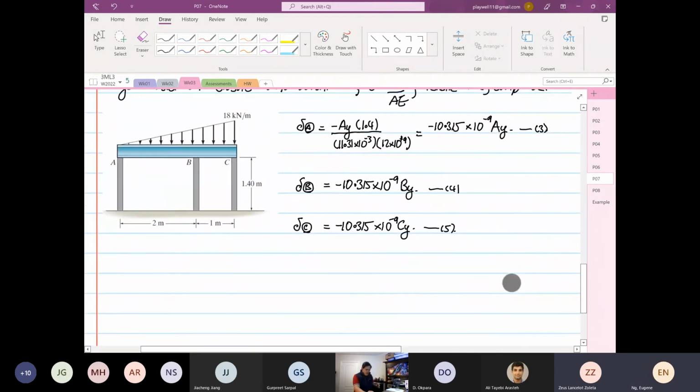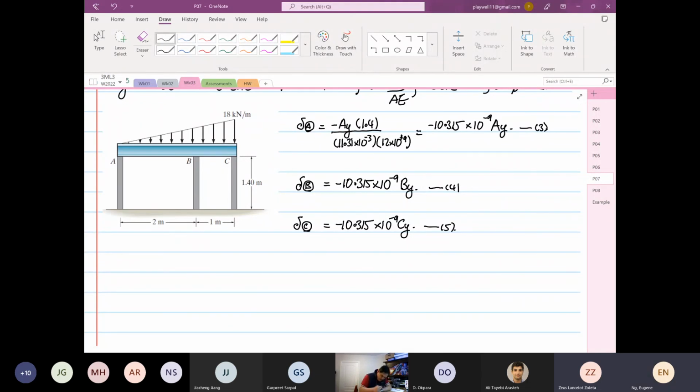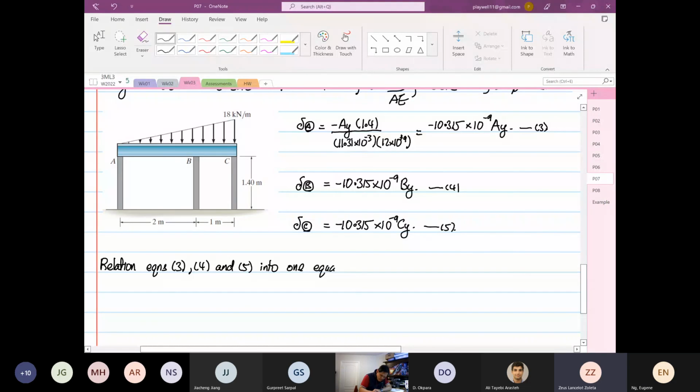So the next one is we have to relate equations 3, 4, and 5 into one equation. Because now there's no relationship between AY, BY, and CY at all. So we have to link them. How we're going to link them is through geometric analysis.